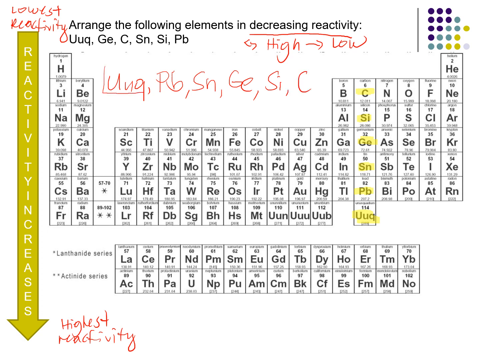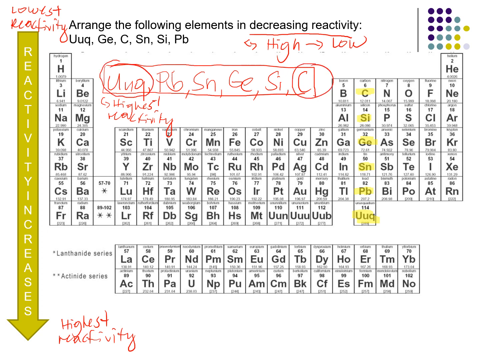So, ito po yung correct sequence niya. If we will arrange it in decreasing reactivity. So, yung UUQ po, siya po yung may highest reactivity. At si carbon naman po ay yung may lowest reactivity. Kasi siya ay nasa pinakataas.